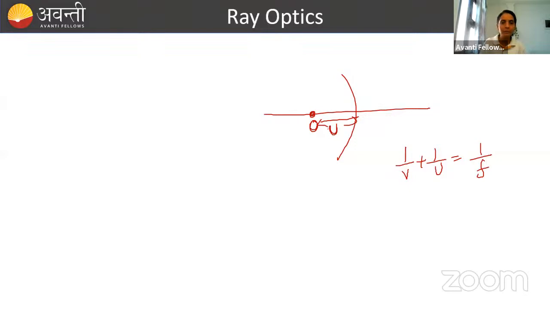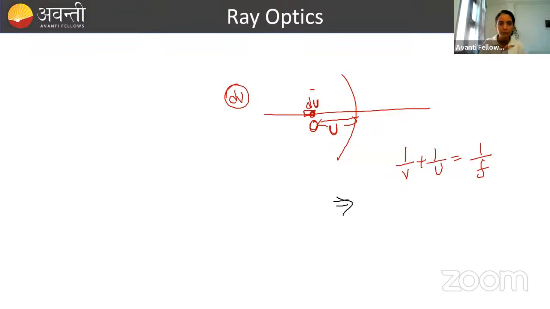But suppose this point object is no longer a point object, and has some very small linear dimension. Now what will be the length of the image? That is dv being asked. So how can we calculate dv if du is given? We can take help of differentiation, right? यहाँ पे देखो, यही सारे लॉजिक्स को हमें धीरे धीरे करके क्वेश्चन से सीखना है. If you start learning from questions, you will get comfortable with ray optics. ठीक है?